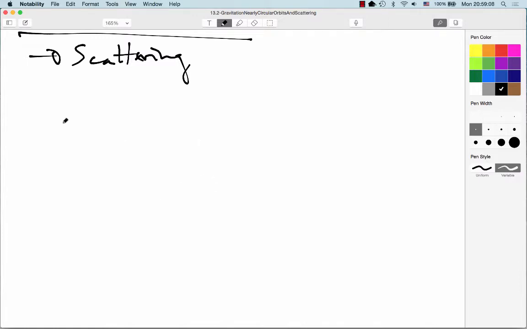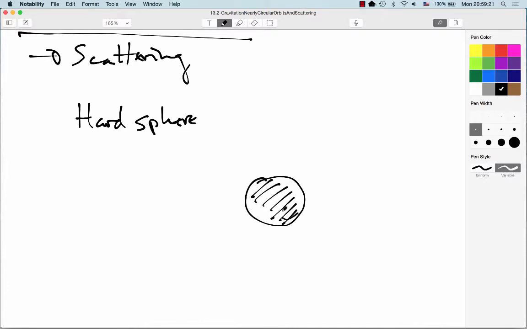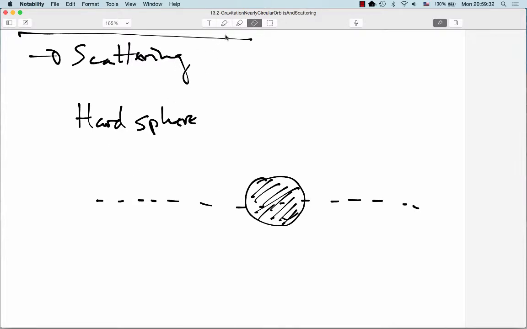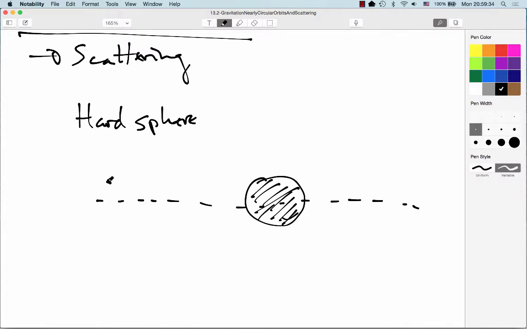So let's start by looking at a hard sphere as our target. We'll just have one of them. So there's our target, hard sphere, going down the middle there. Let's say we have some object coming in like so.